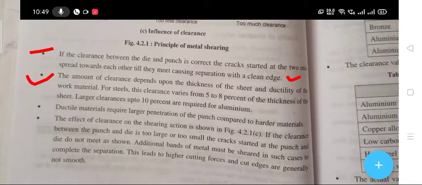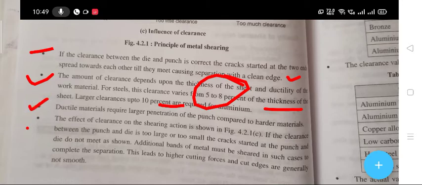For steel, clearance varies from 5 to 8% of the thickness of the sheet, and larger clearance up to 10% is required for aluminum.